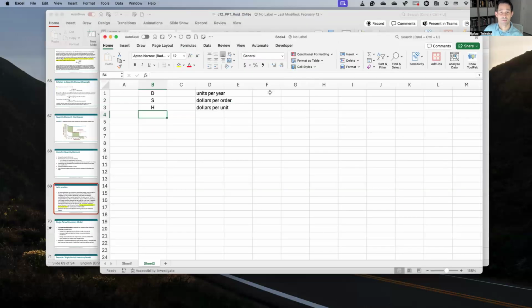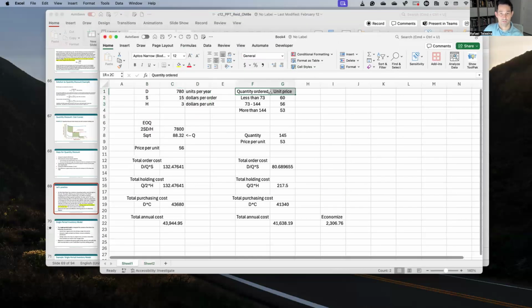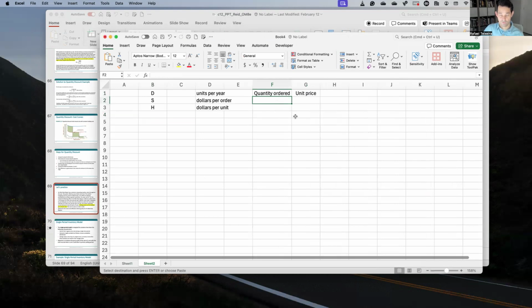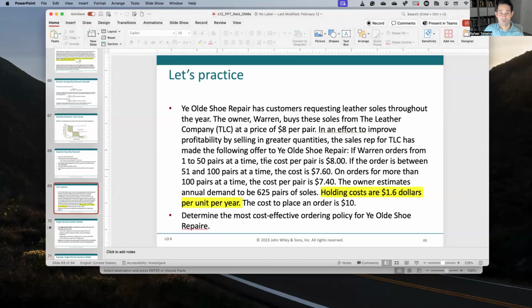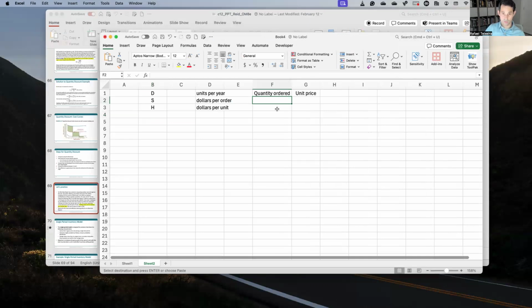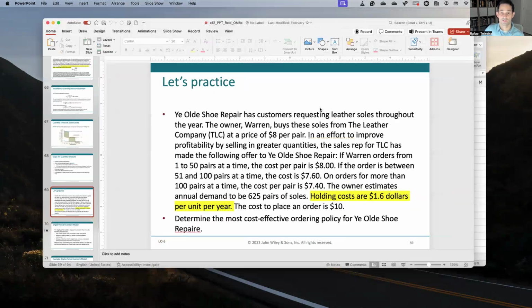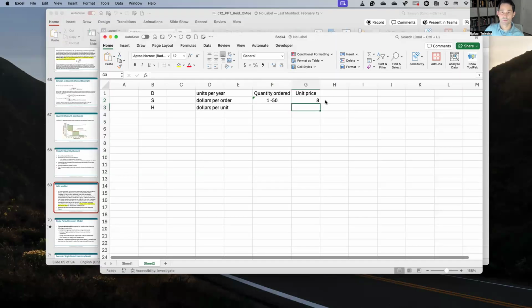Now let's copy and paste here. So if he orders 1 to 50 units, the price per unit is $8.